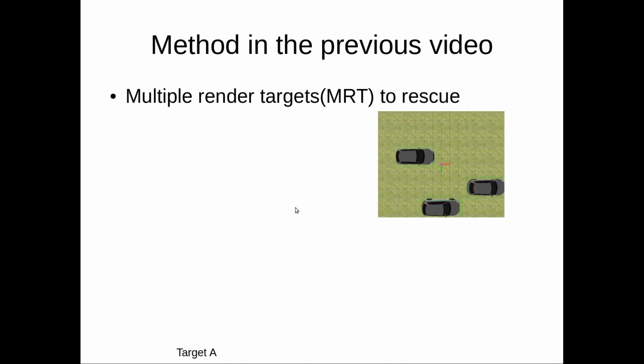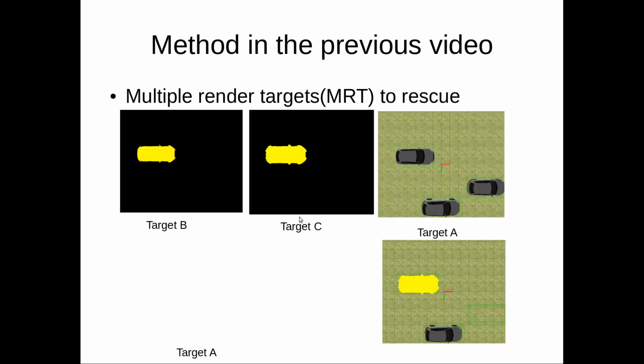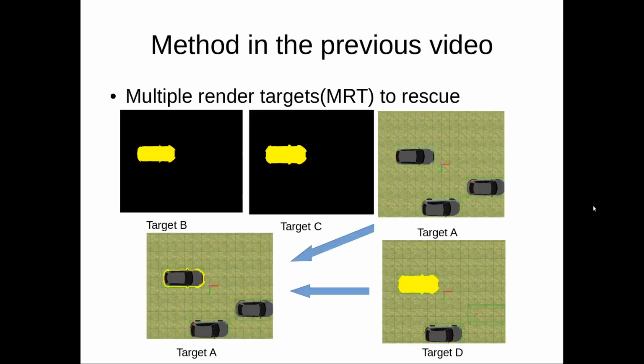First, let's review the method in the previous video. In the previous video, there are 4 render targets, which is a bit complicated. First, we render target A, which is the main render target. So we first render other objects.